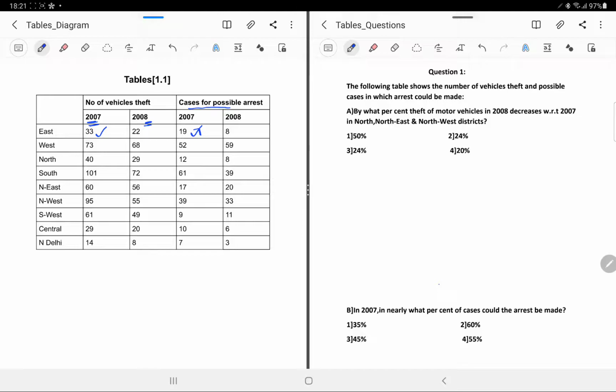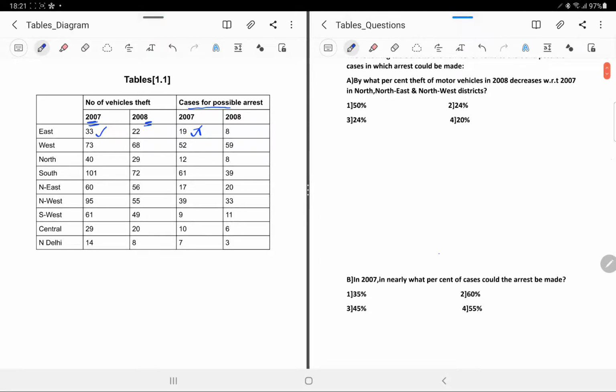Now I won't straight away do the sum and all; I'll start solving it subpart wise. So let's see the first question and we'll solve it accordingly. By what percent theft of the motor vehicles in 2008 decreases with respect to 2007 in North, Northeast and Northwest district?